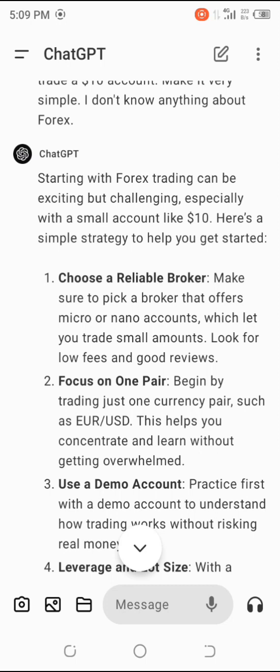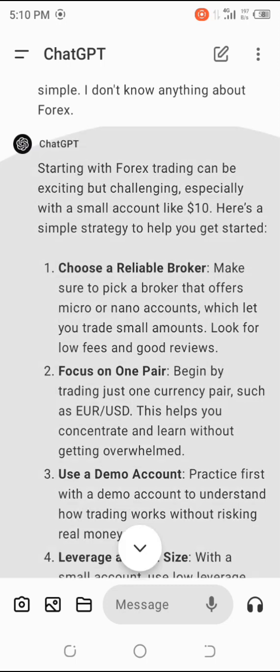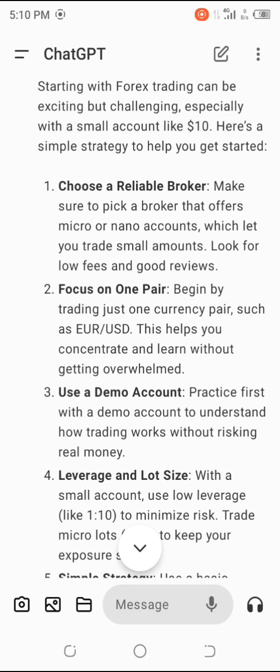Alright, it makes me understand that starting Forex trading is exciting and it is a little bit challenging. Why? Because if you are trading the Forex market with a small account, it's highly risky. It makes me understand that this is starting with the Forex psychology. That's beautiful. Alright, so the first point it made is choose a reliable broker. You know what that means already.